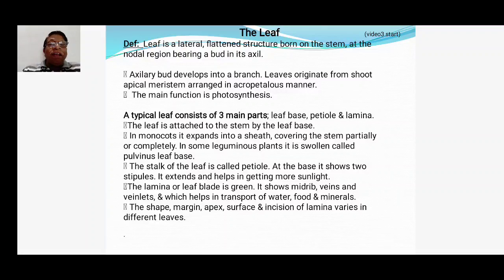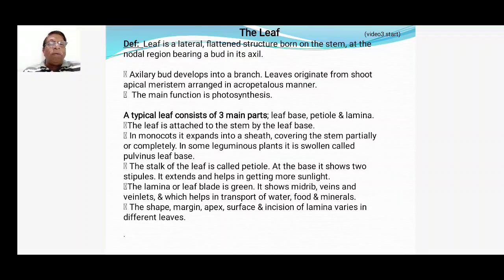If we examine the leaf, in the axil of a leaf we find a bud, called the axillary bud. What is axil? The angle between the stem and the leaf stalk, the petiole, is called the axil. That is all the definition of the leaf.